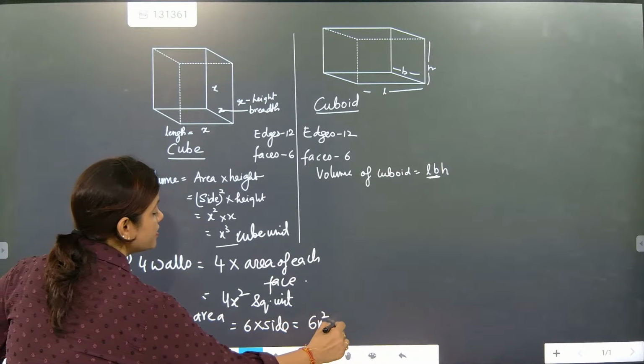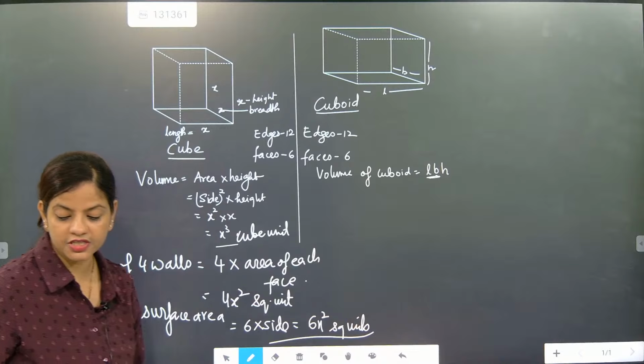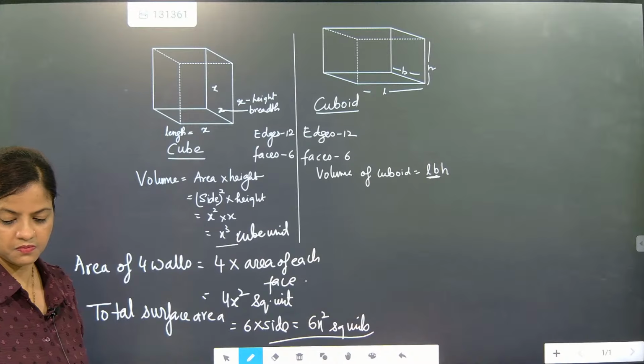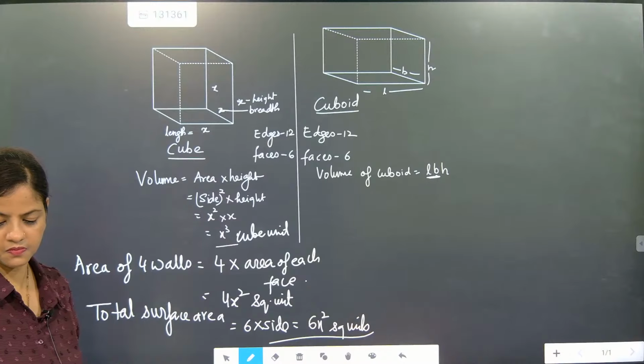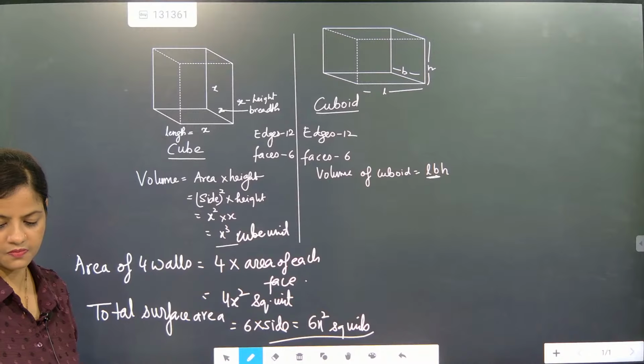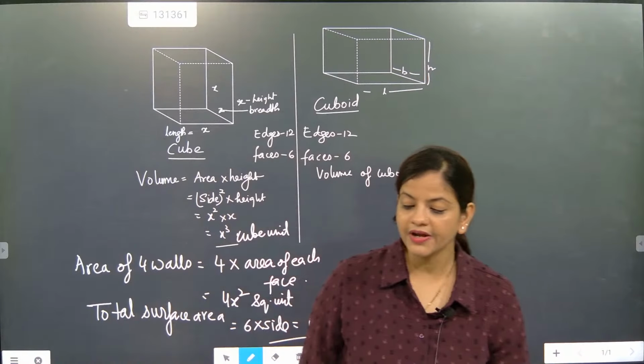That is 6x square, square units. 6x square, that is side units, square units. I hope everybody might have noted that one.